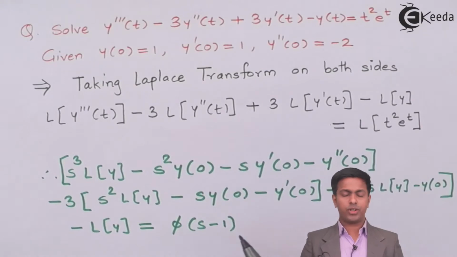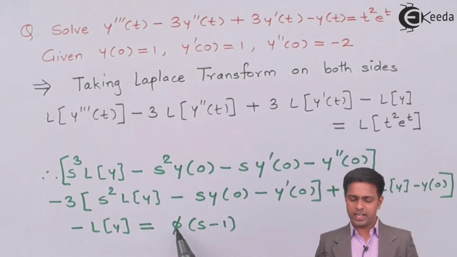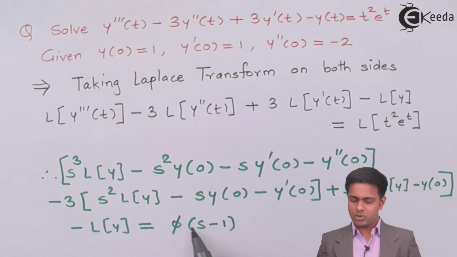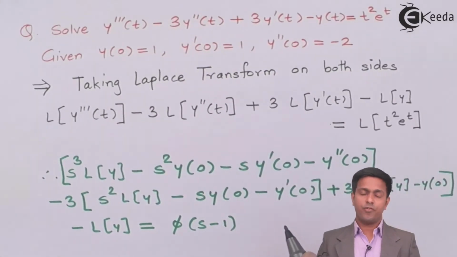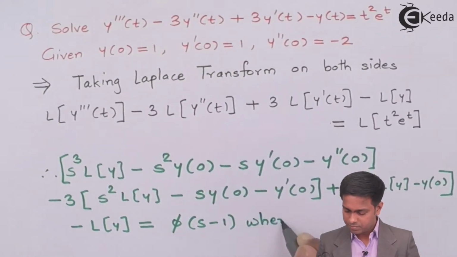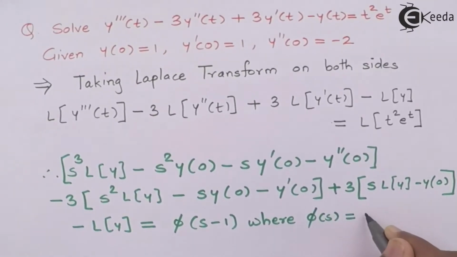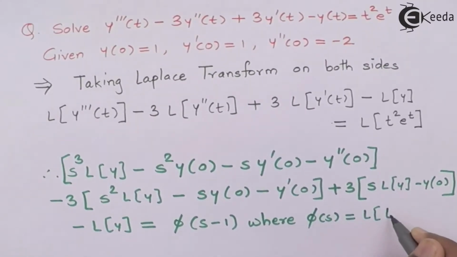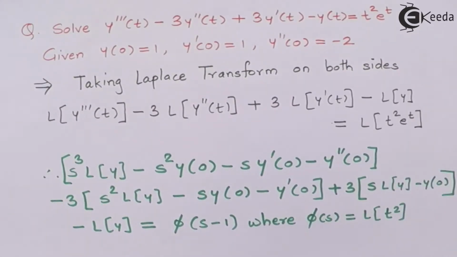I'm sure you have seen my videos on first shifting property, but only then will you understand how we are getting the answer. To get this value of phi of s minus 1, we should have the value of phi of s, which we will get by finding the Laplace transform of t square. So here the function is t square. Let's find it out on a new page.